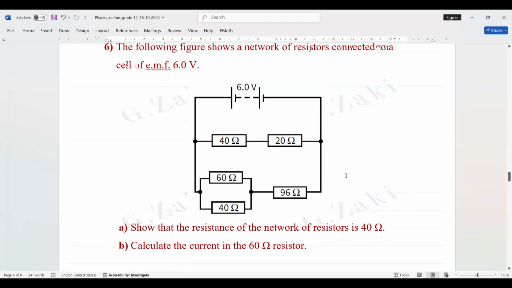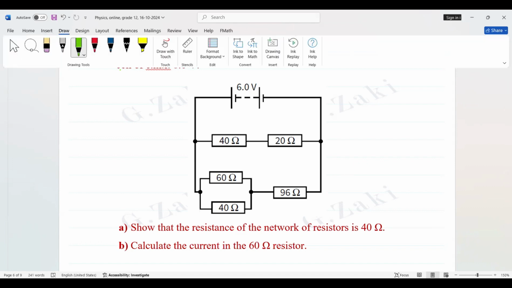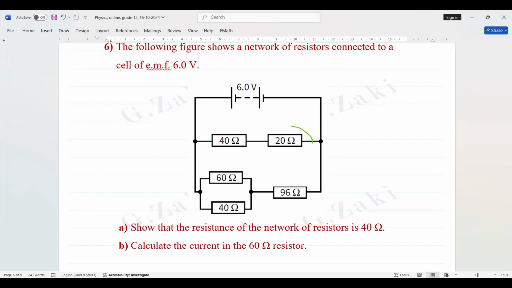And number 6, it said show that the resistance of the network is 40. Now, look, in this branch, the resistors are connected in series. We add them. 40 plus 20, it is 60 ohms. Now, 60 and 40 are connected in parallel.